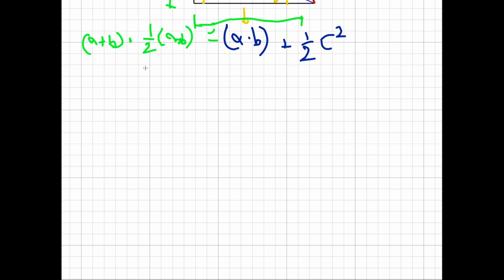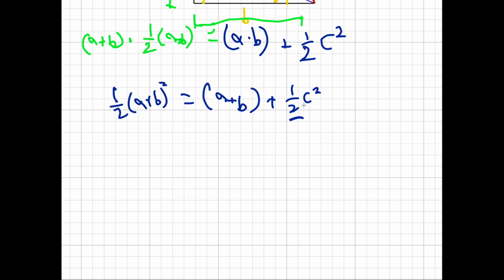How can we do that? Well, we can combine like terms. We can do 1/2 a plus b squared, right? Because there are two of them, is equal to a plus b times a plus b plus 1/2 c squared.